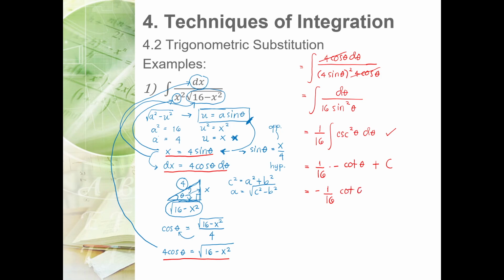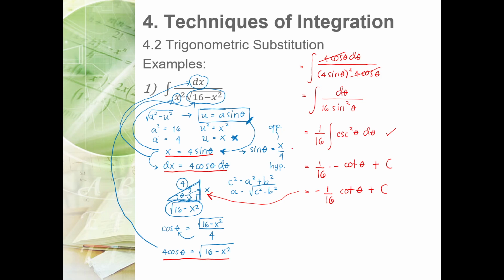So we have negative 1 over 16 cotangent theta plus c. This is not yet the final answer since we need to bring back the value of your cotangent. How do we do that? Again, we go back to the right triangle we created earlier and determine the cotangent function.